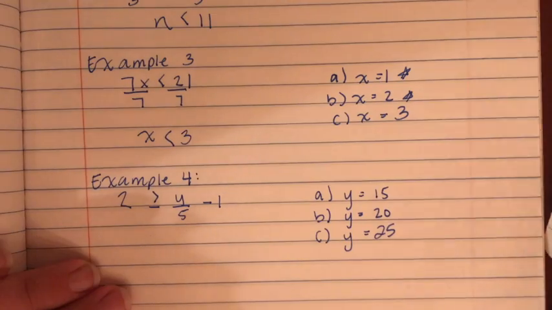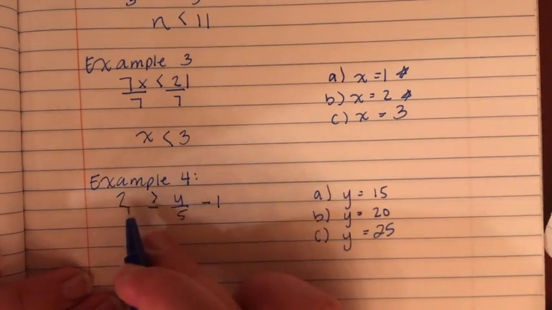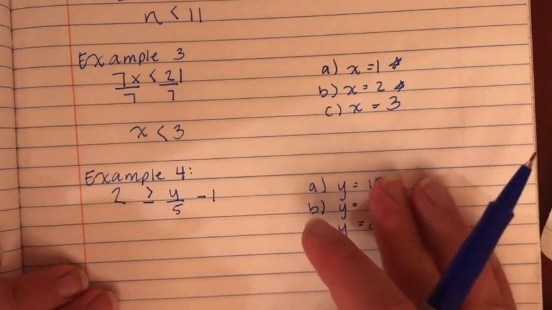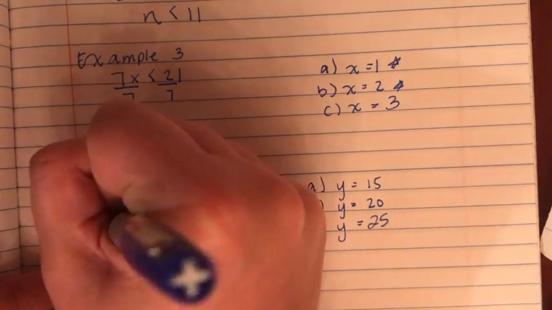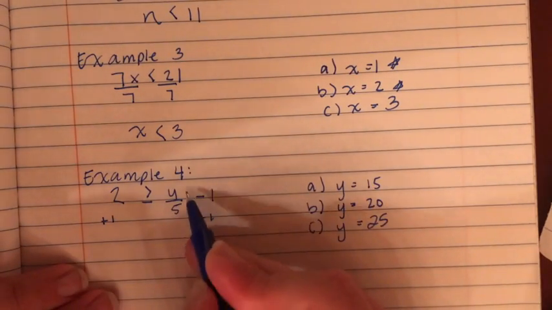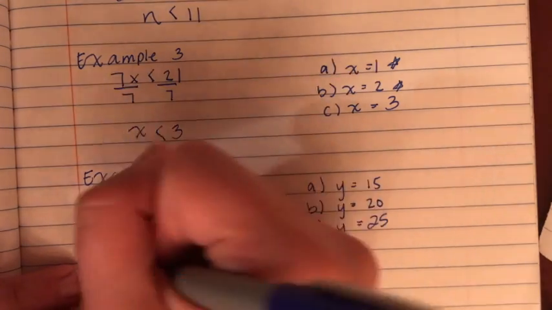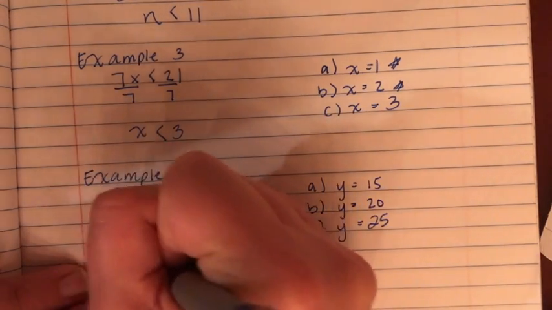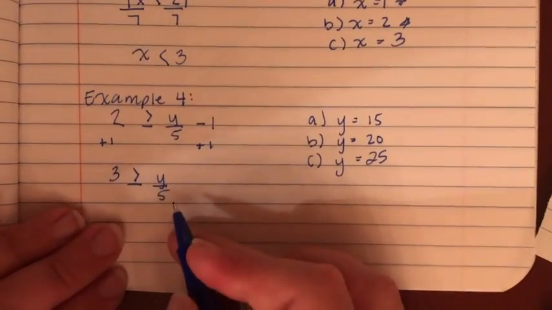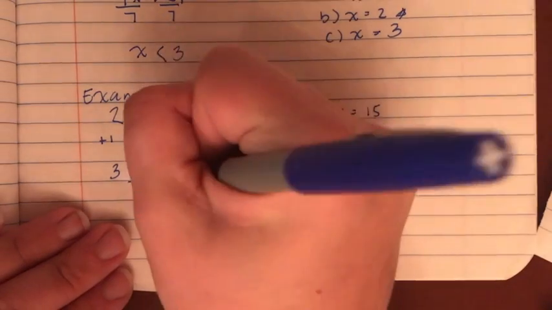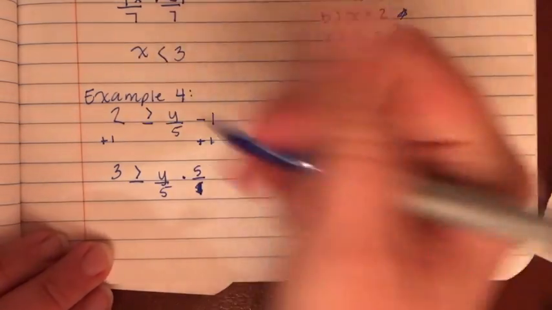Okay, so again, my goal is to isolate my variable. This one's actually 2 steps, so this one is kind of an intro to what we're going to do tomorrow. So I'm going to add 1 to both sides because I always start with that, because I'm trying to get y by itself. Since the whole thing isn't divided by 5, I'm going to leave that. So now I have 3 is greater than or equal to y over 5. In order to isolate the variable and get rid of the 5, I'm going to multiply both sides by 5 over 1.